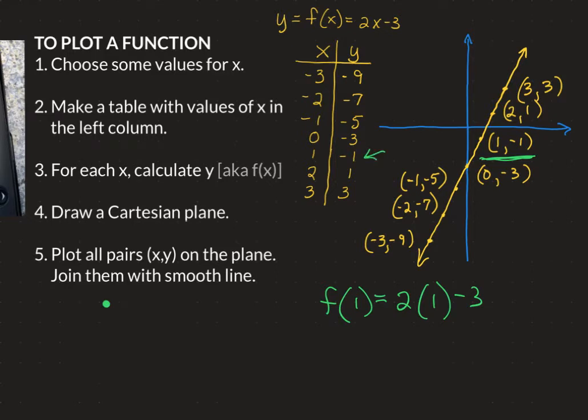We should get -1 for that f of 1. 2 minus 3, yep, it is -1. It checks. Any point on that line will end with a true statement if you put the x and the y in position. This is actually the procedure your calculator uses to graph functions for you.